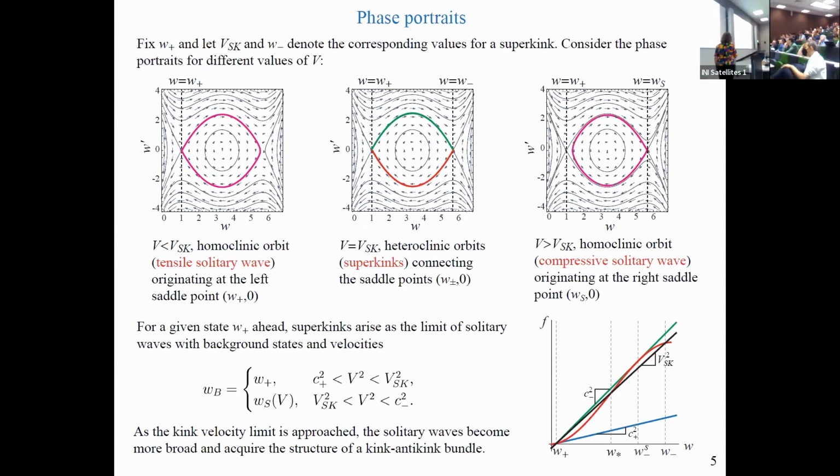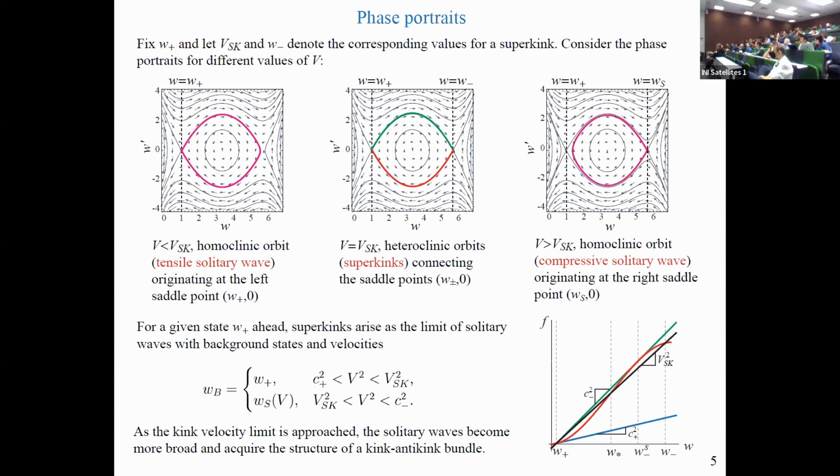If I change the velocity just slightly below the super kink limit, the heteroclinic connection is destroyed, and instead we have a homoclinic orbit, which corresponds to the tensile solitary wave, which originates at this left saddle point.